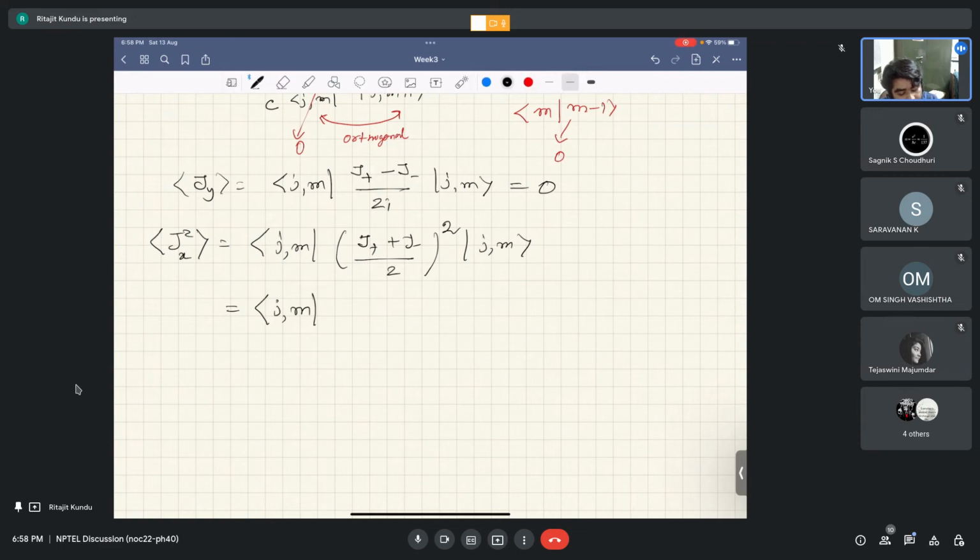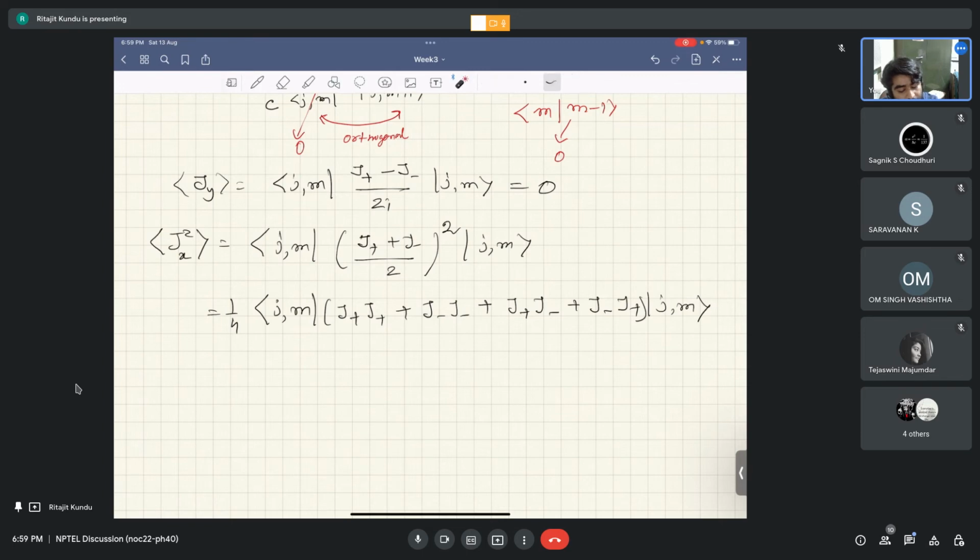Let's take this 1 by 4 outside also. So this will become j plus j plus plus j minus j minus. You can write it as a square also. Then there will be j plus j minus plus j minus j plus. Now, as I mentioned, the recipe is which operators will keep the m the same.